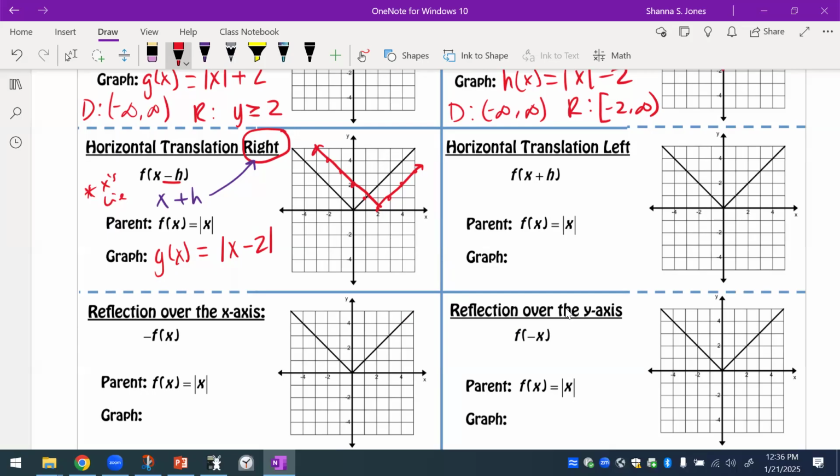So then for our horizontal translation to the left, it says f of x plus 8. Oh, sorry. F of x plus 8. Again, x's are what? X's lie. So this actually means that to each one of my x values, I'm subtracting h, which is why it's going to move to the left.